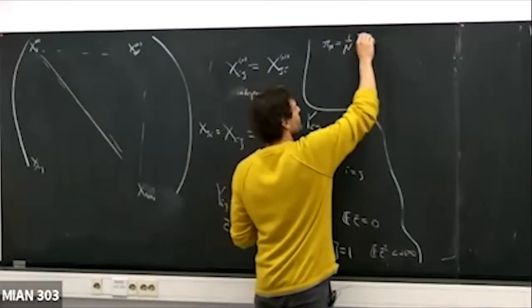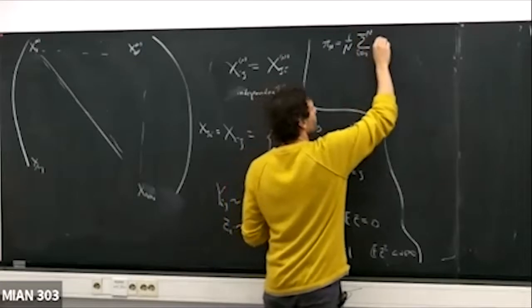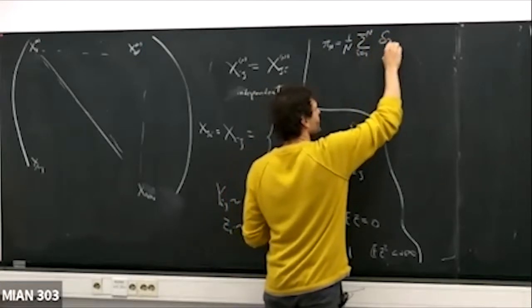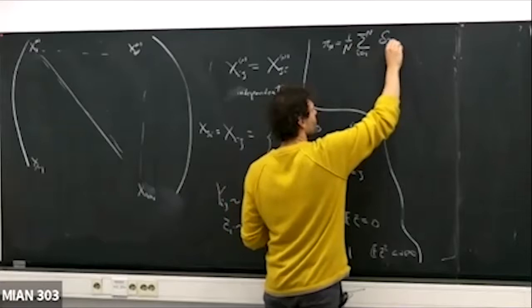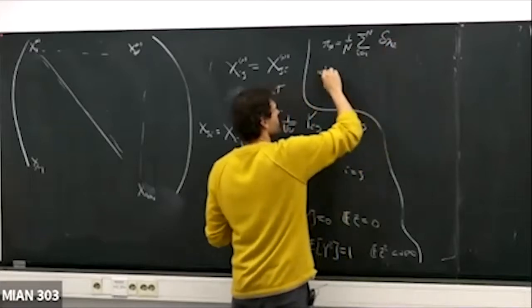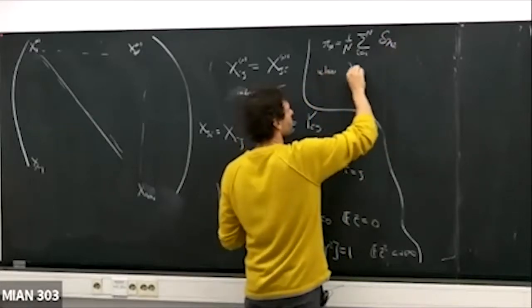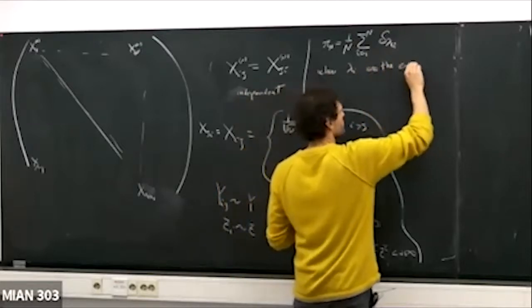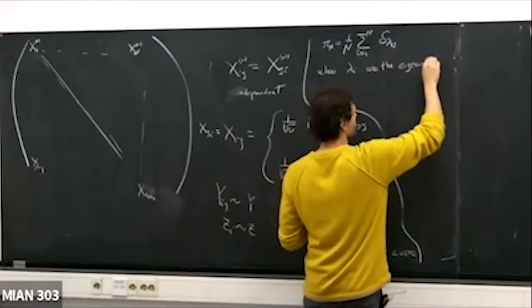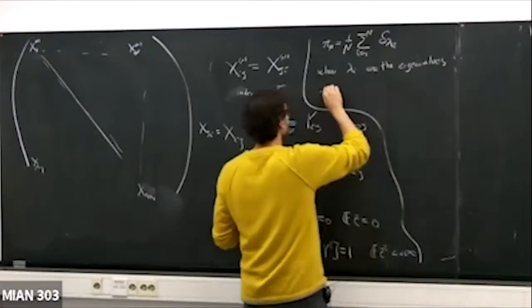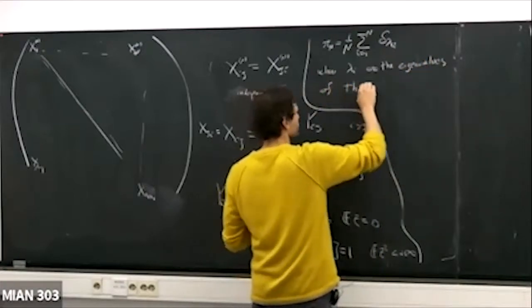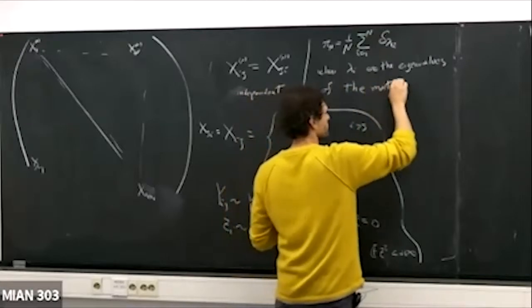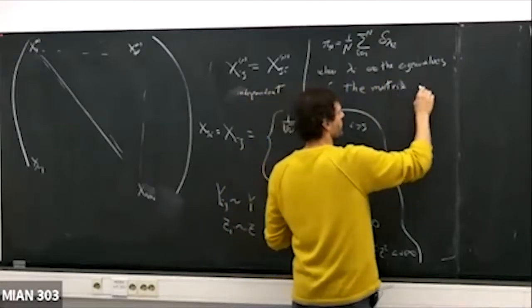It's just this: the sum of deltas over lambda i. Let's check in a moment what it means. Where lambda i are the eigenvalues, counted with multiplicity, of the matrix xij.